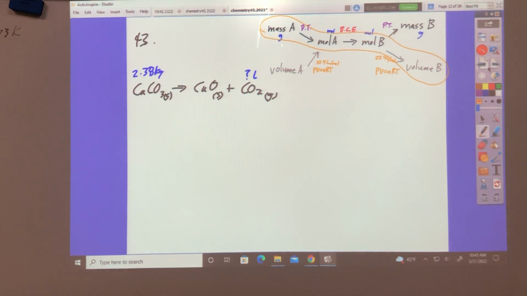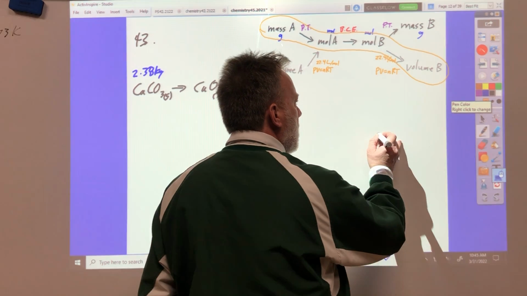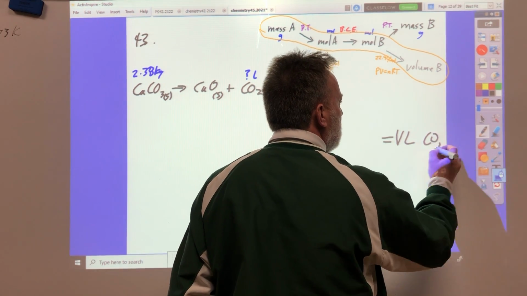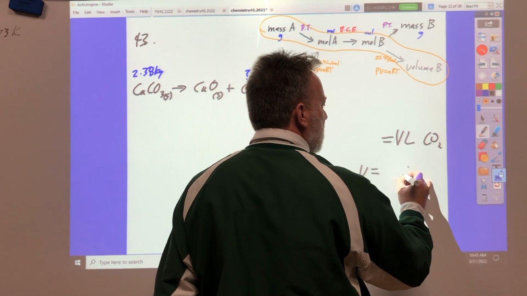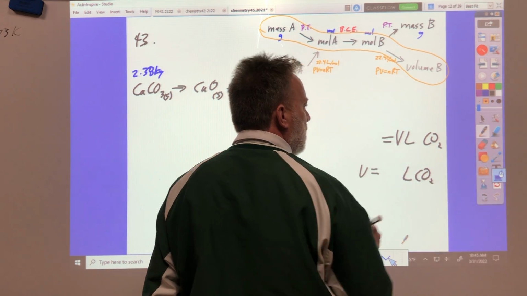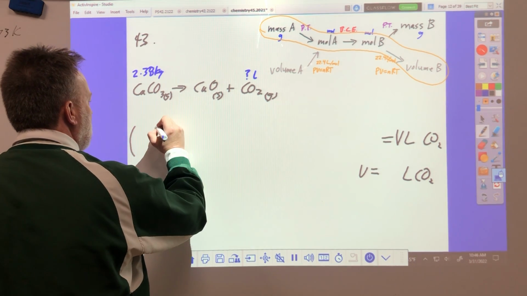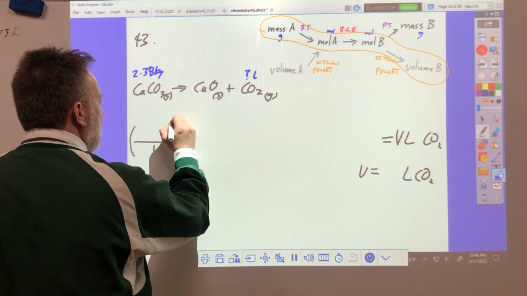Now this time I think we're going to have 5 terms because we want to end with V liters CO2, and V is equal to so many liters CO2. And we're starting with kilograms, so we have to do a kilograms to gram conversion. I call those terms, and they're not terms. I do that all the time.